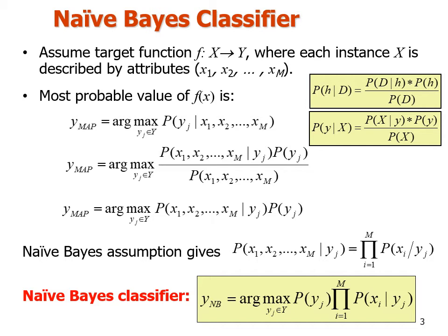In the Naive Bayes learning method, there is no explicit search through the space of possible hypotheses. Instead, the hypothesis is formed without searching, by simply counting the frequency of various data combinations within the training examples. That's all.